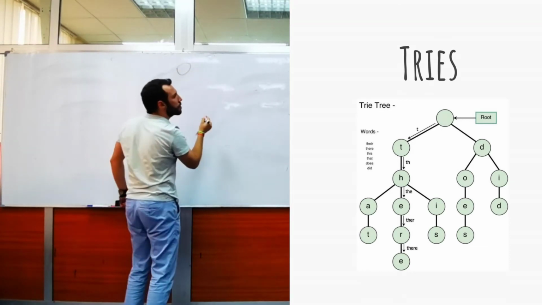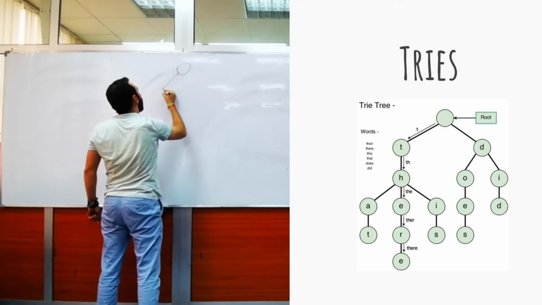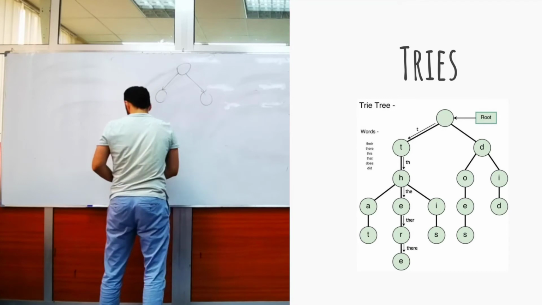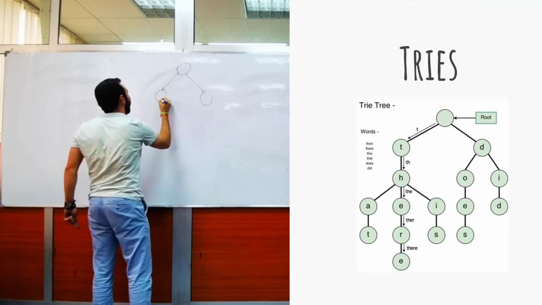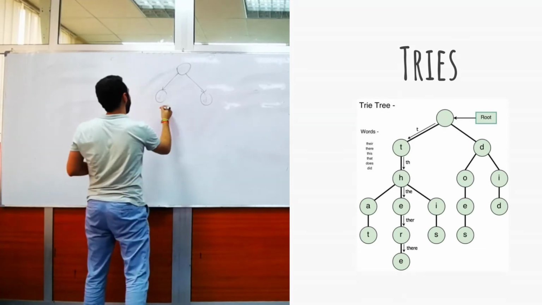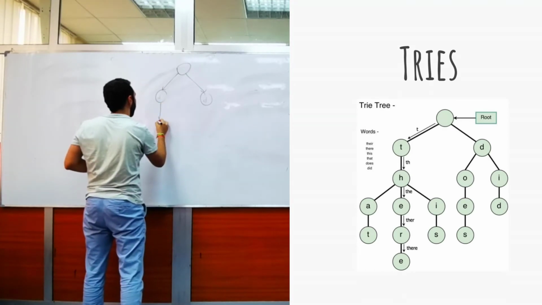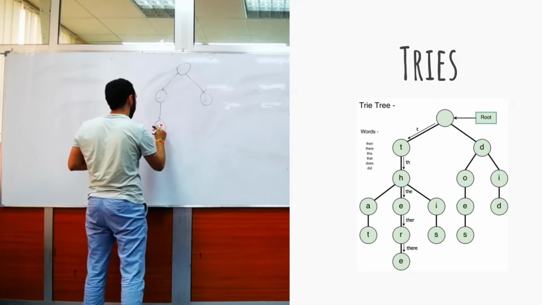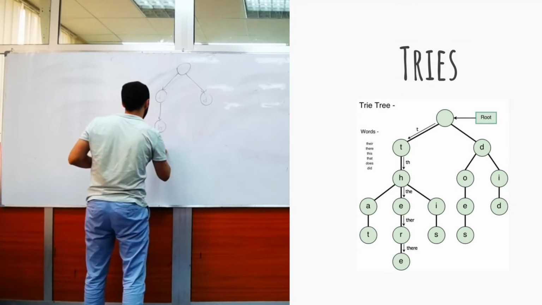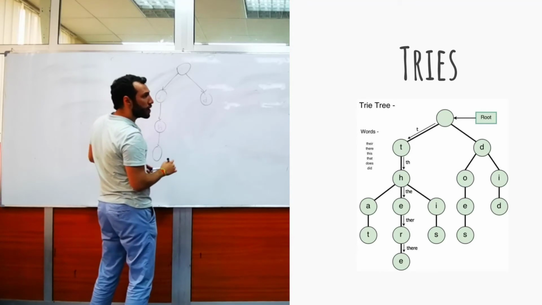Can somebody help me? T, H, then E, then A, let's do it like DFS.